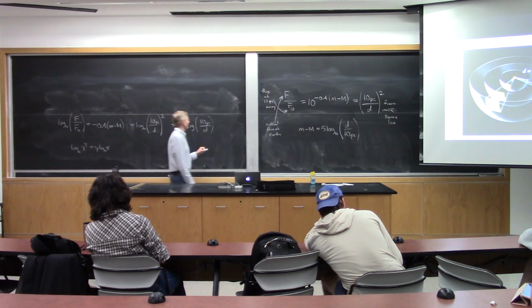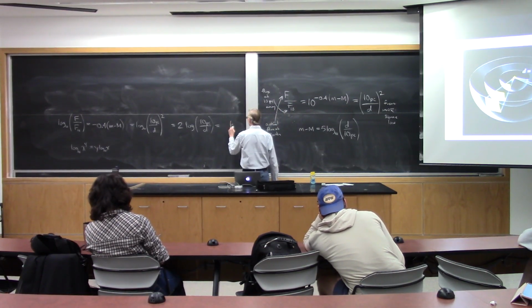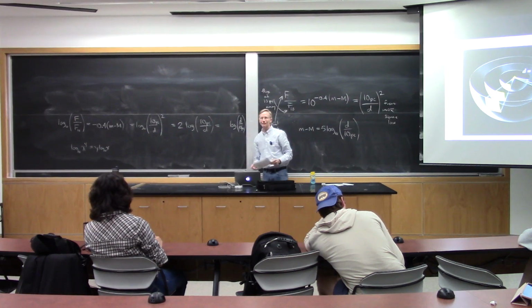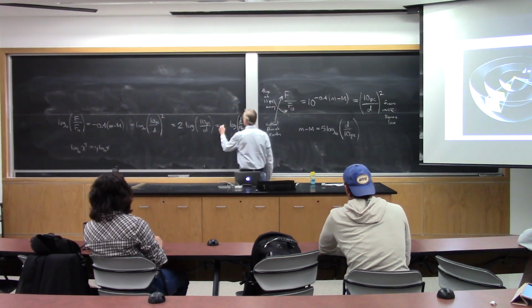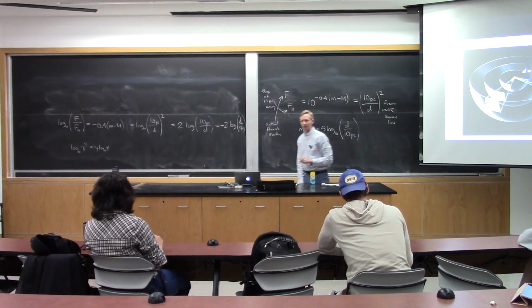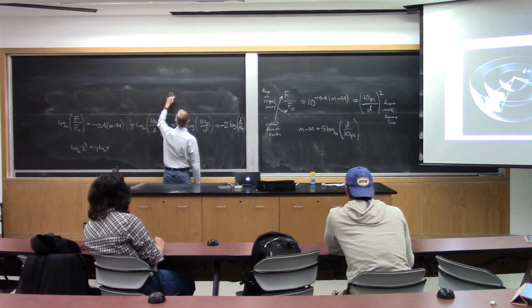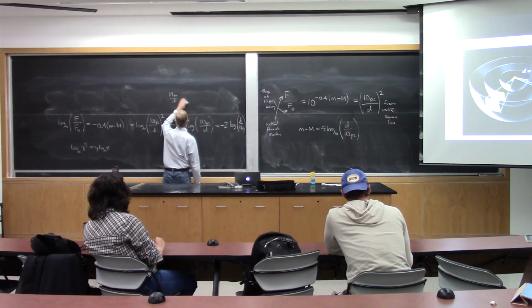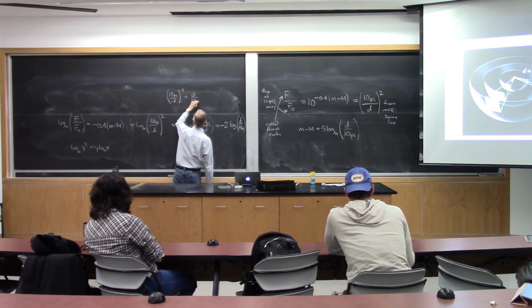Which is the same as, what if I wanted to make it logarithm of d over 10 parsecs? What if I wanted to flip that around like I've got it there? What do I change? I have a minus sign. This is minus 2 times the logarithm of d over 10 parsecs, because 10 parsecs over d is to the power of minus 1 is d over 10 parsecs.